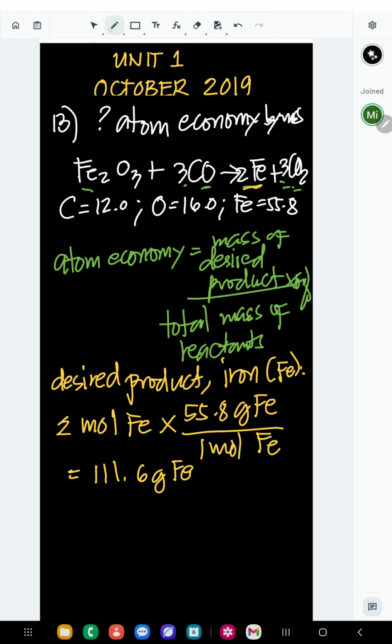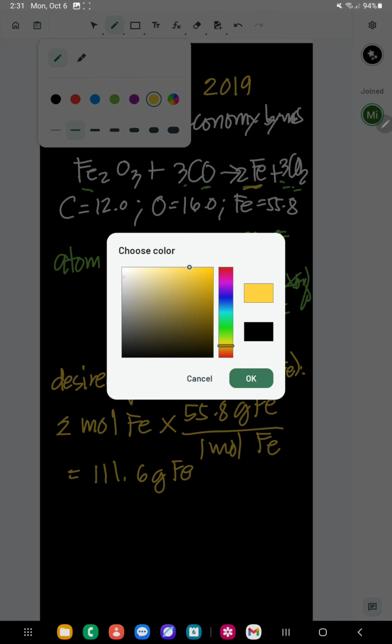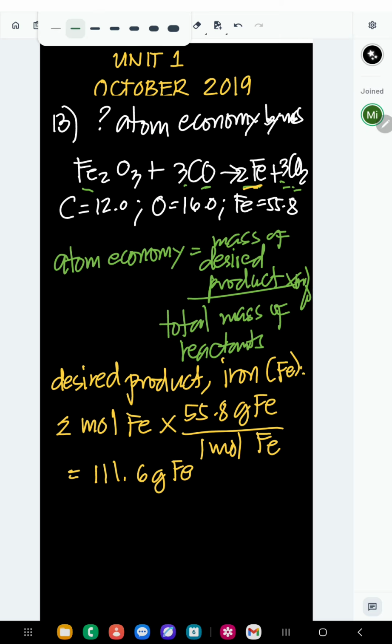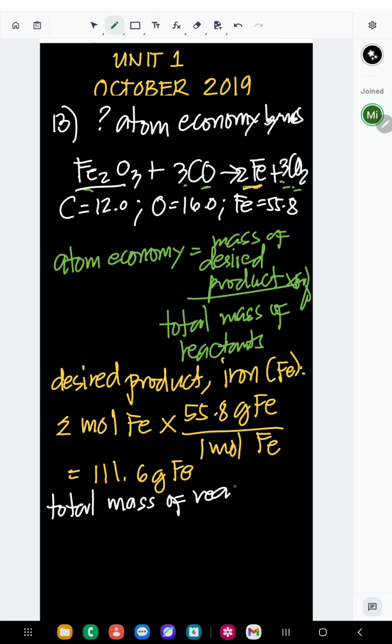And then for the total masses of the reactants, we just need to get the mass of each one. The reactants here are Fe2O3 and 3 carbon monoxide. So we start from here, iron. Okay, total mass of reactants.